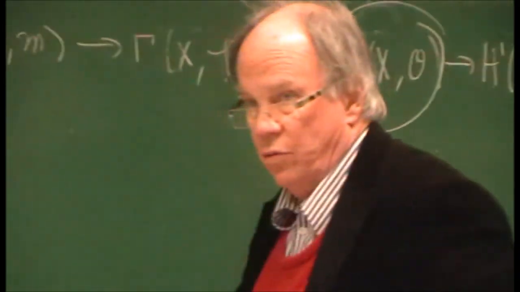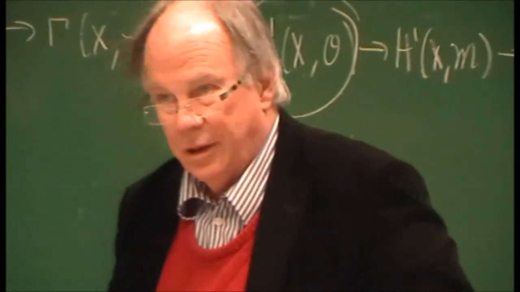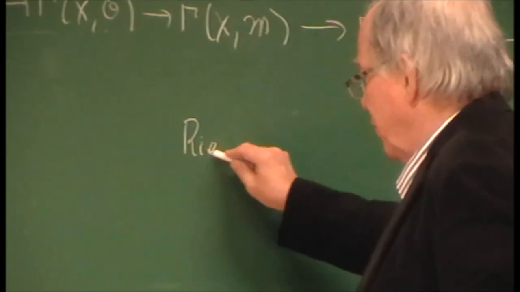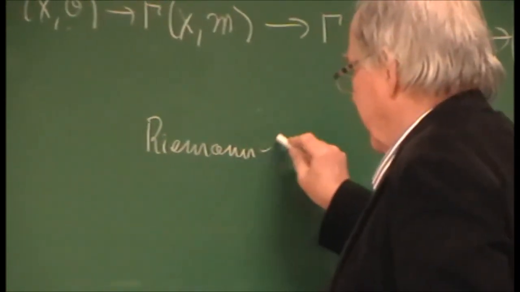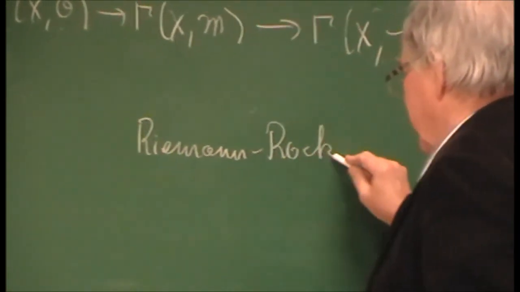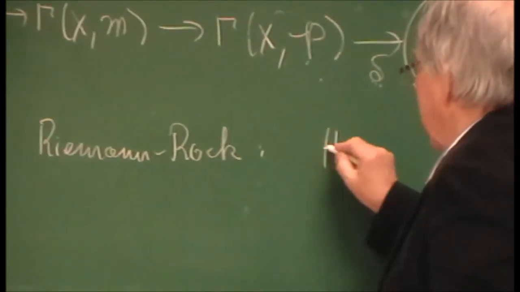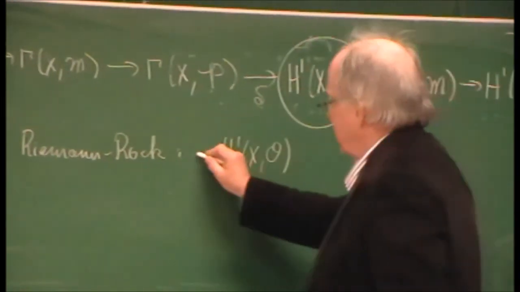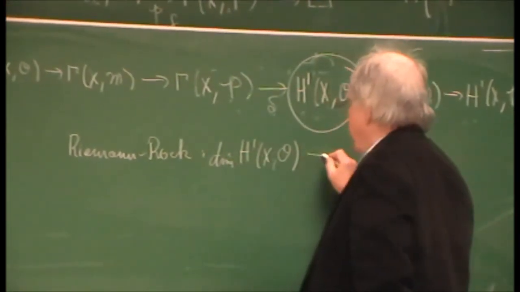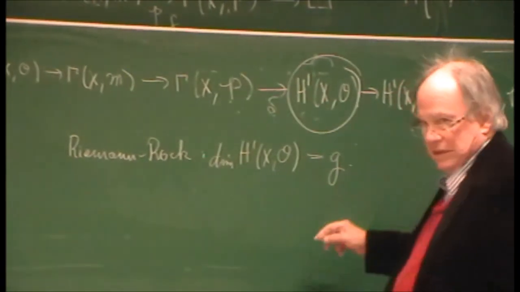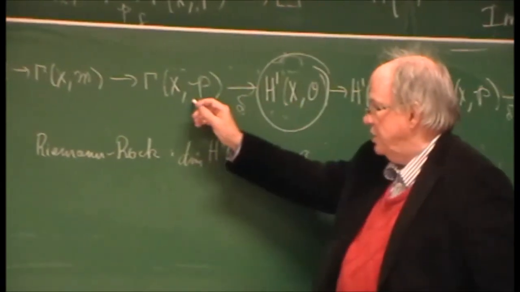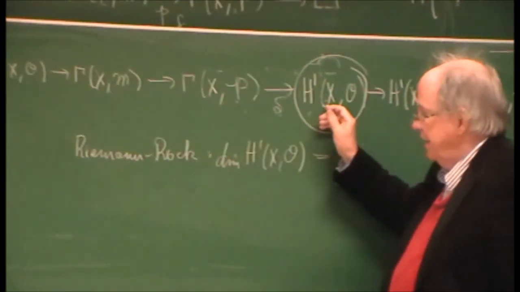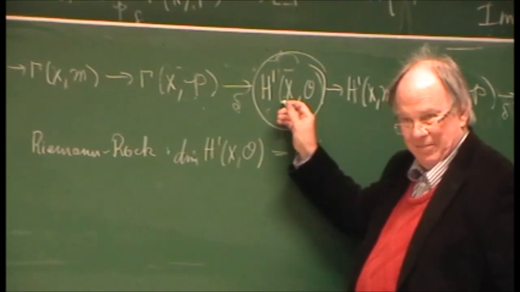Okay, and you've heard the word Riemann-Roch theorem and so on. In case you're interested, one of the first steps of Riemann-Roch, Riemann knew this, is that this thing, you will be very happy to know, is g-dimensional. So in some sense, the obstructions to finding these meromorphic functions lie in a g-dimensional space here.